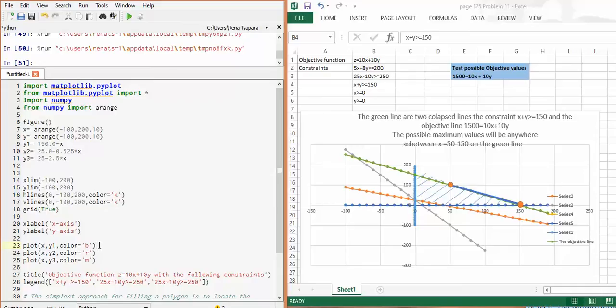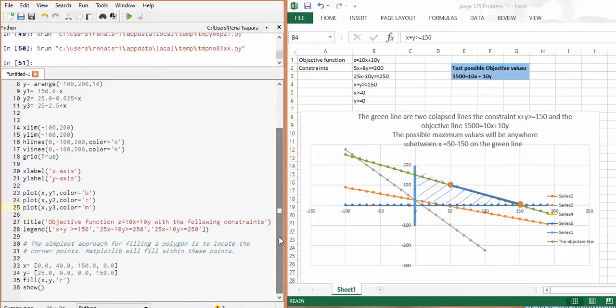Always at the beginning you put the x, then the y1 for the first line that we want to graph, and the color of the line will be blue, b. We do the same for the second line that we have defined as y2 here, and this will be colored red, and the third line will be magenta. So now we have plotted the three lines.